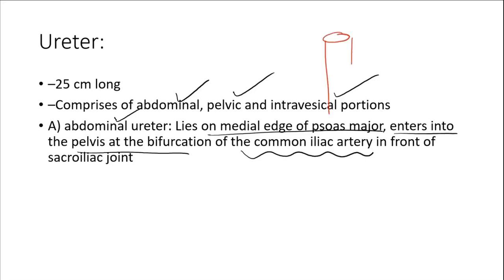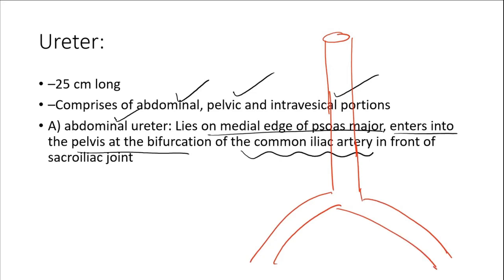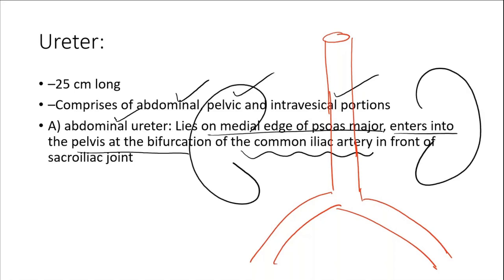So we have abdominal aorta, its common iliac artery. Then we have kidney, we have right and left ureter.